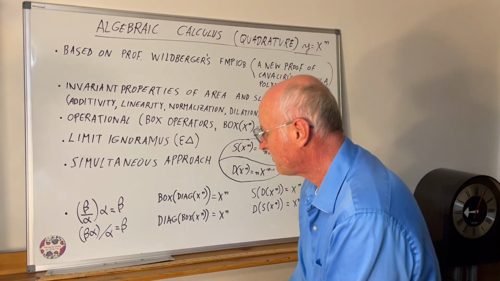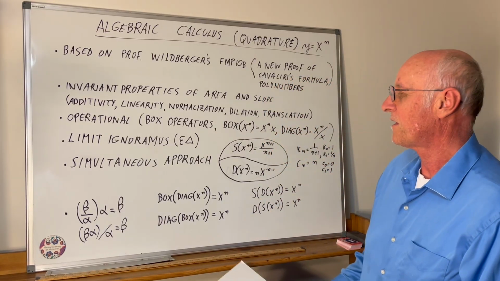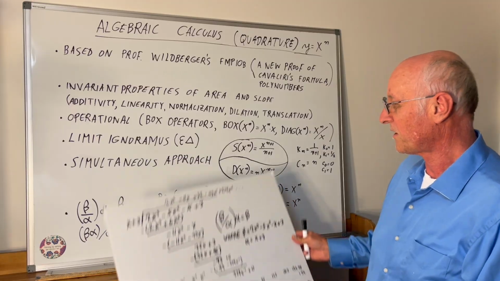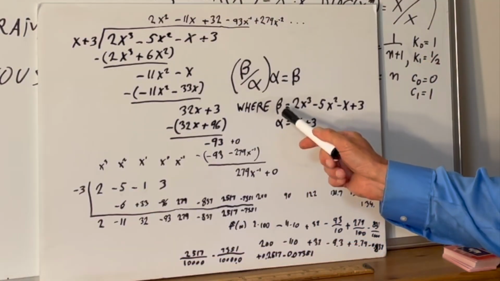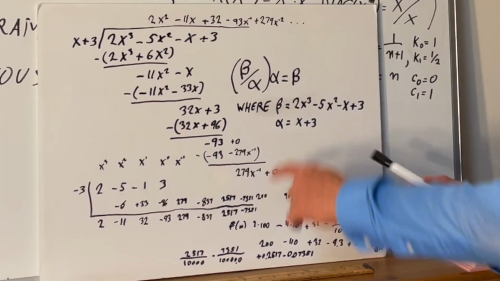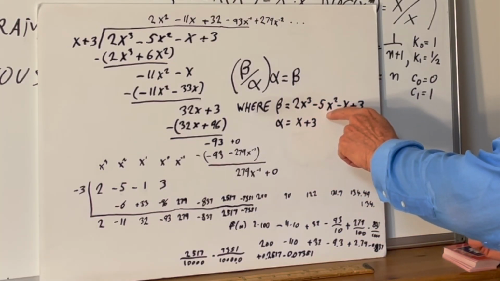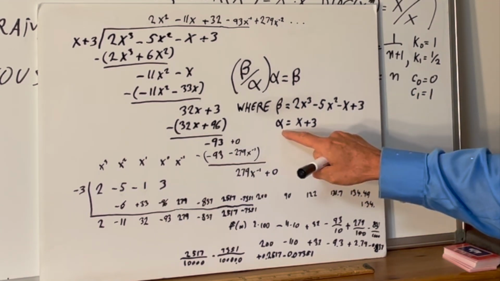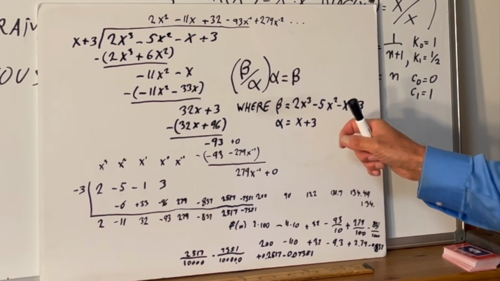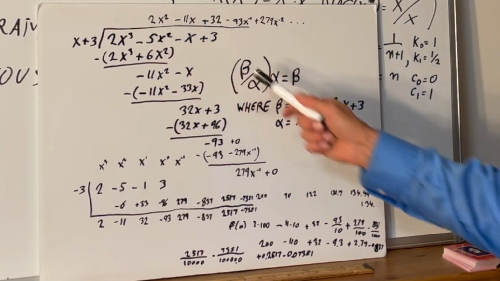But before we think it's way too simple, consider this. What if beta is some complicated object like 2x cubed minus 5x squared minus x plus 3, and we're dividing by alpha, which is equal to x plus 3. So this is long division.